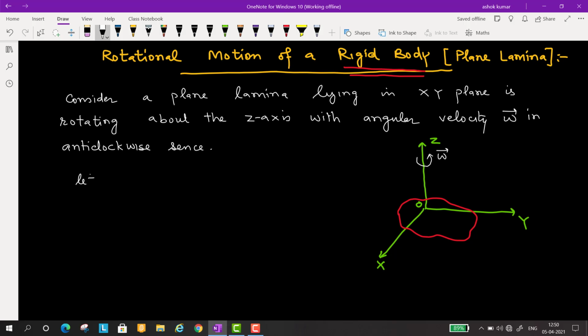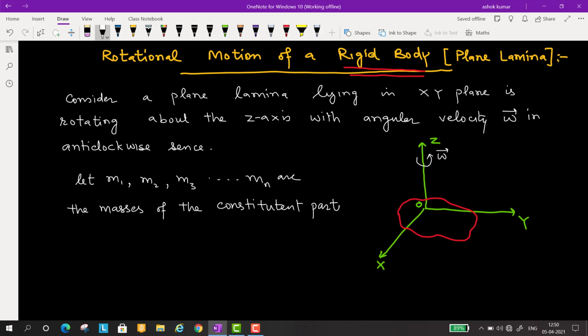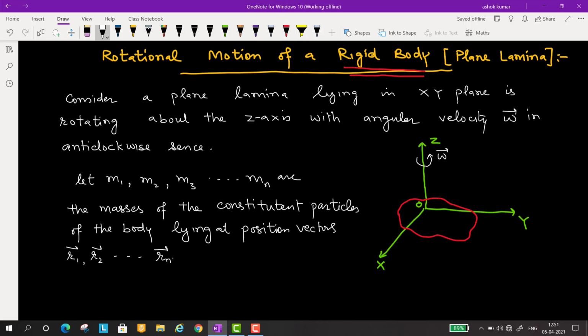So let m1, m2, m3 and mn be the masses of the constituent particles of the body lying at position vectors r1 vector, r2 vector, rn vector respectively.